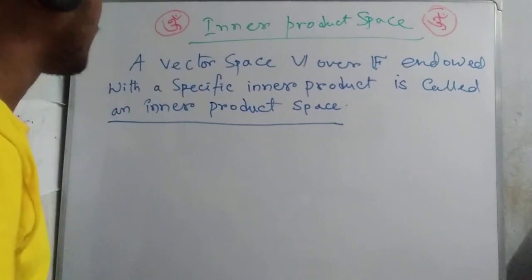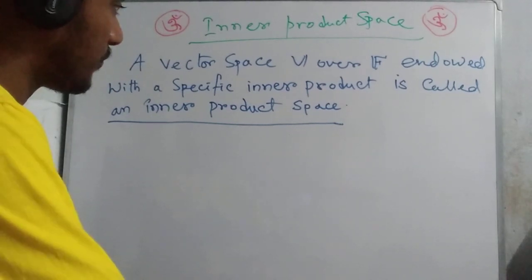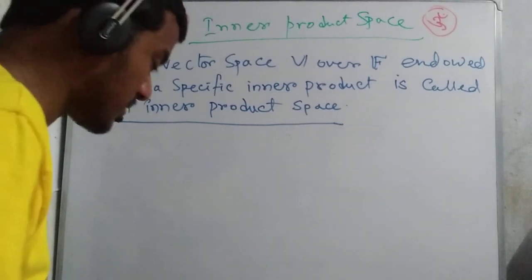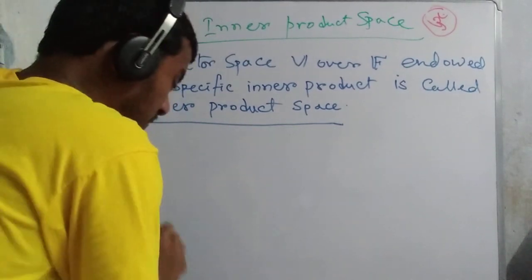Okay, then a vector space V over F endowed with a specific inner product is called an inner product space. Understood? Now we write it here.